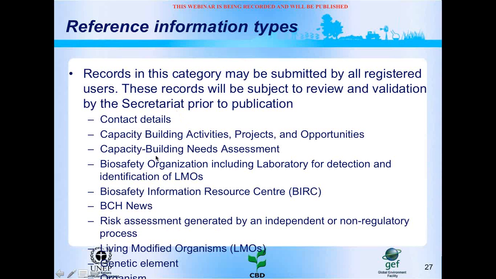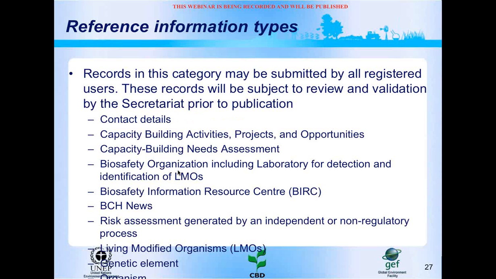The different types of reference information that can be provided are, for example, contact details. If you have, for example, a reference laboratory, you'll give the details of the people in charge of that laboratory, for instance. So you say these are the contact details.